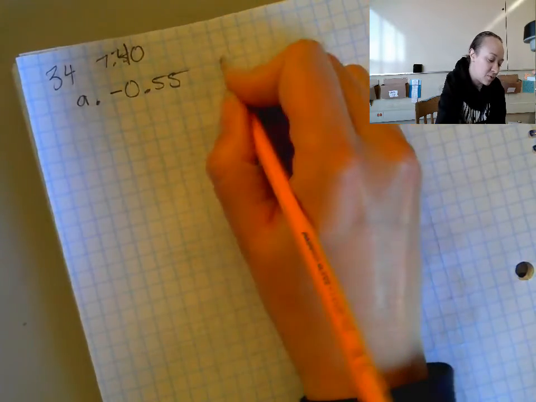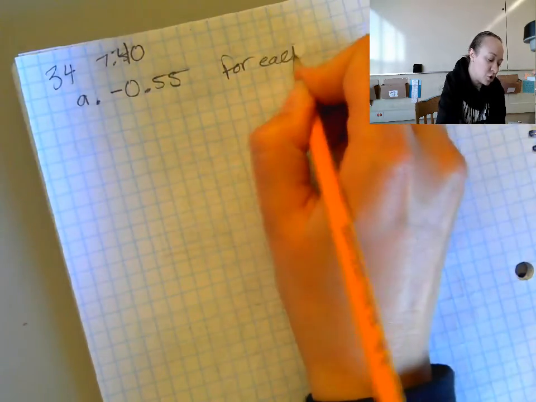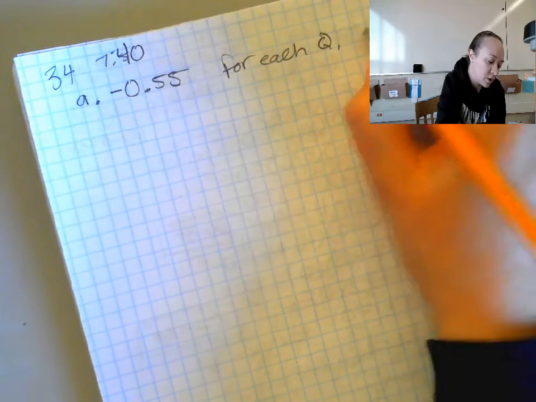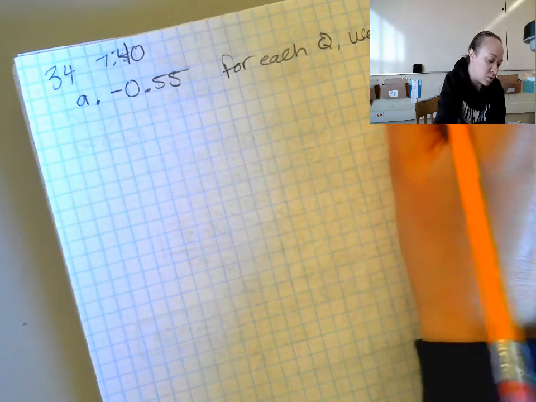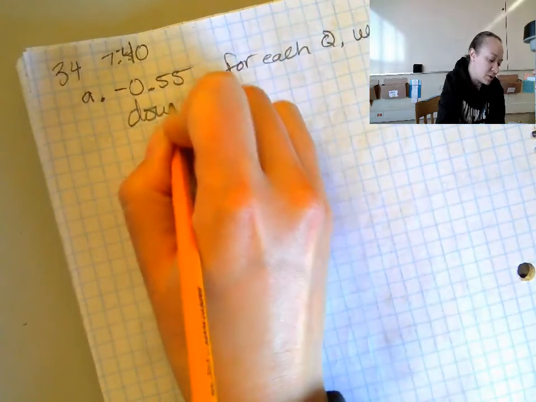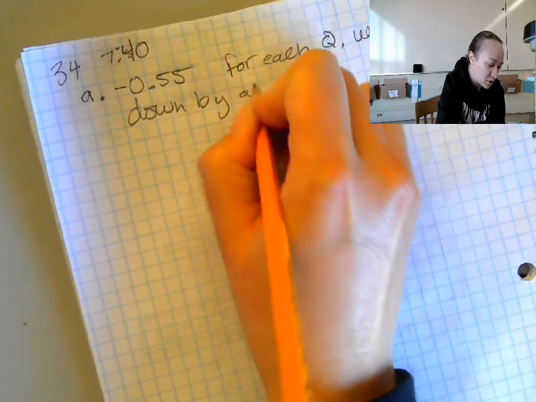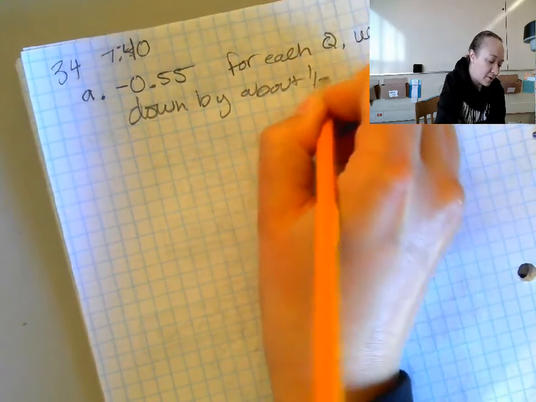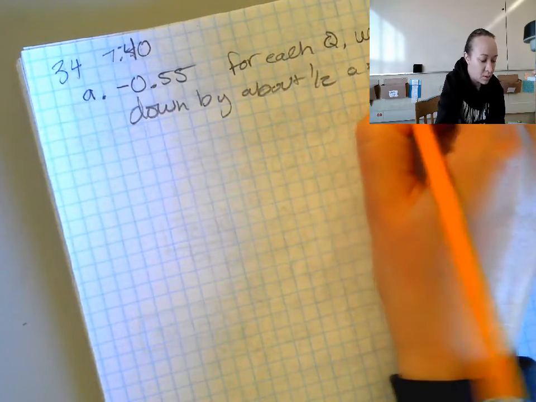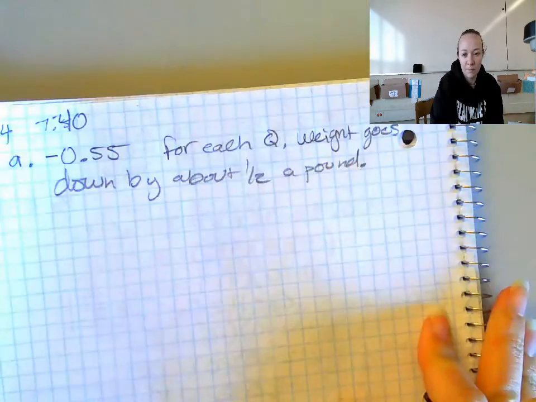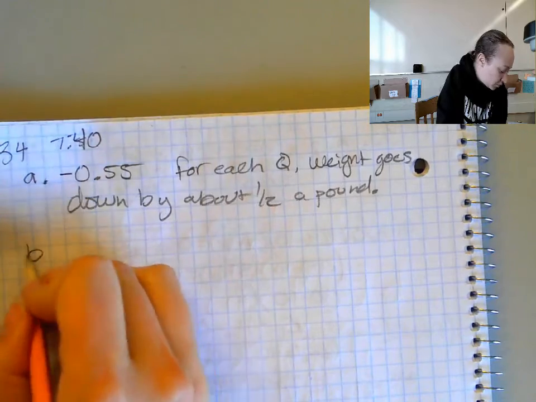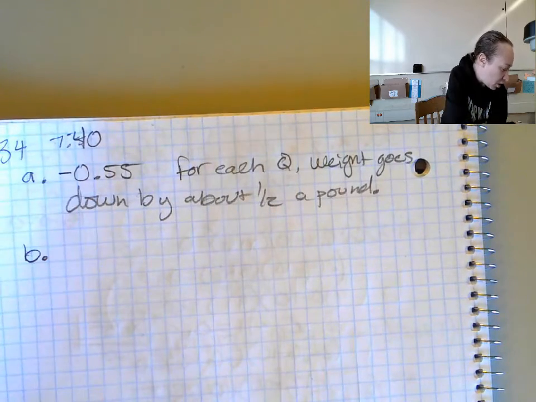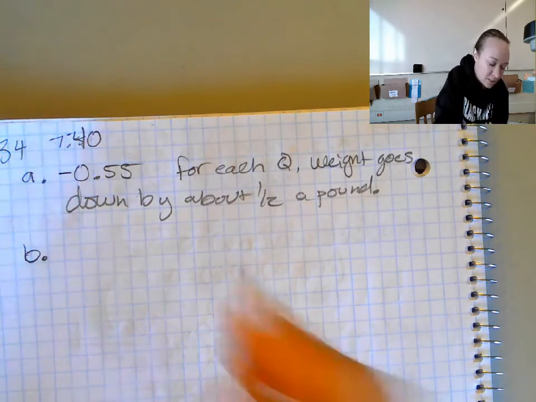So we'd say for each quarter, the weight goes down by about half a pound. For B, we could interpret the R as saying that it is a moderate association.